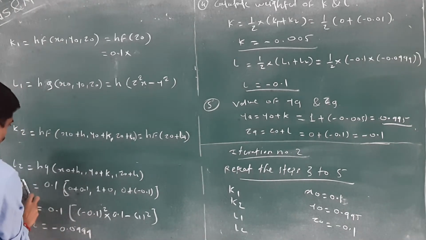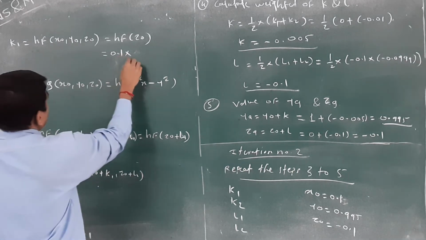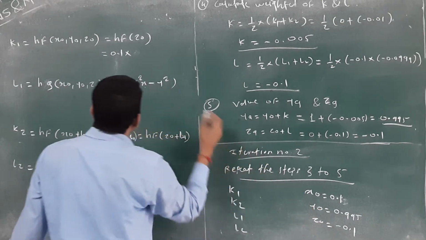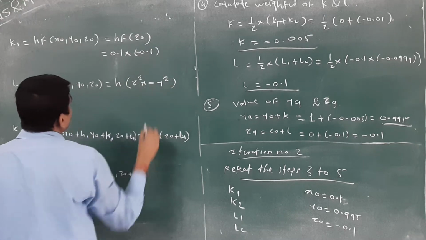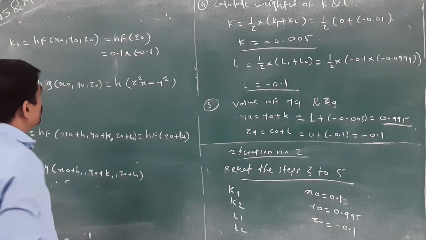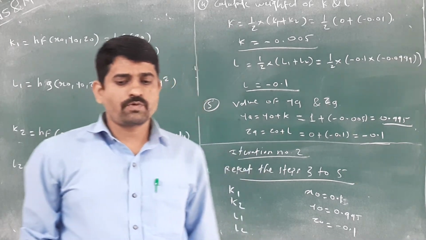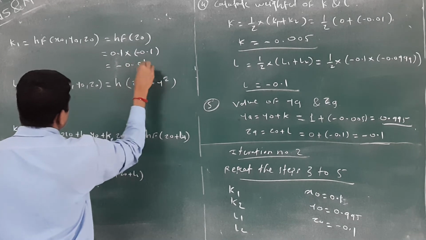Check that. Same formula we want to use: 0.1 into what is the z0? New value, minus 0.1. Minus 0.1 is there. Okay, then you will get minus 0.1 into 0.1. You will get the minus 0.01.